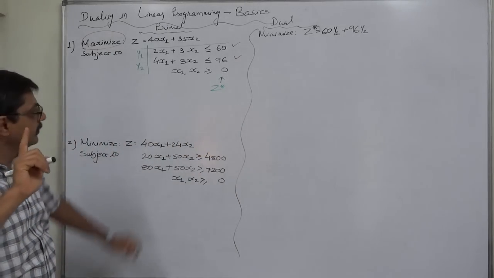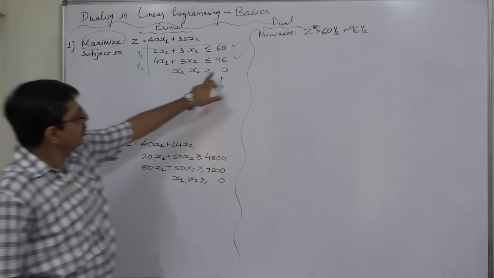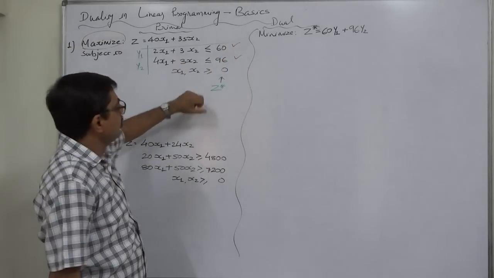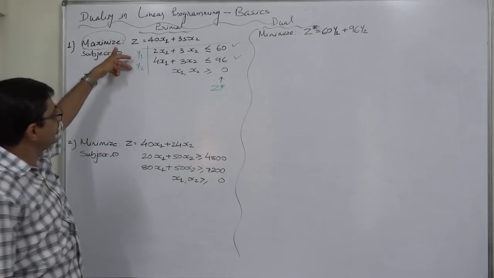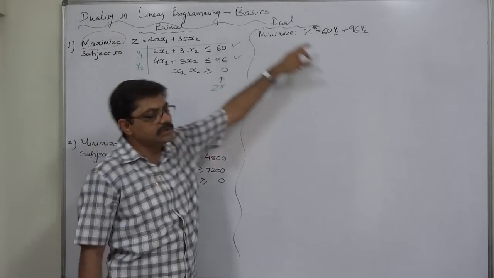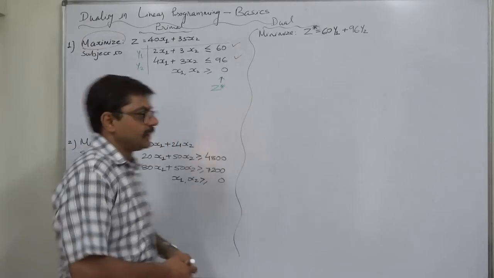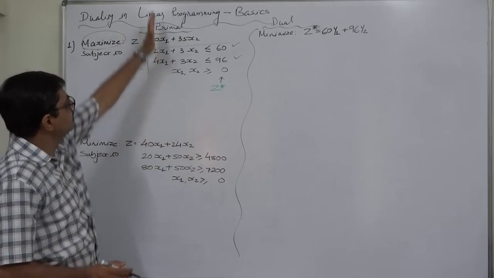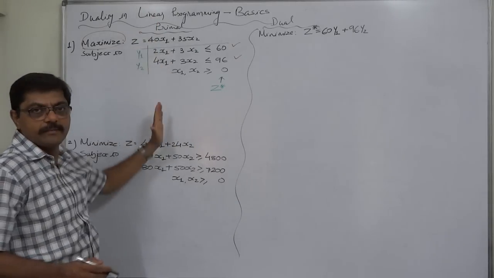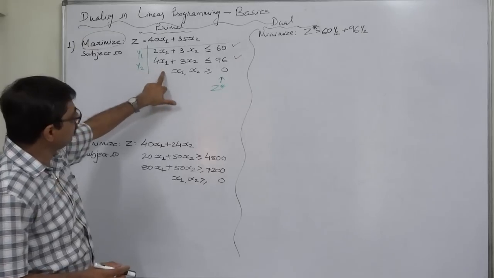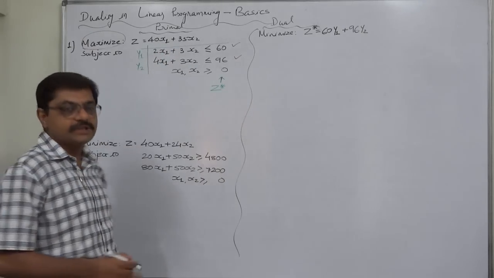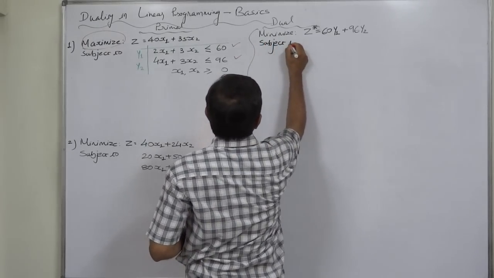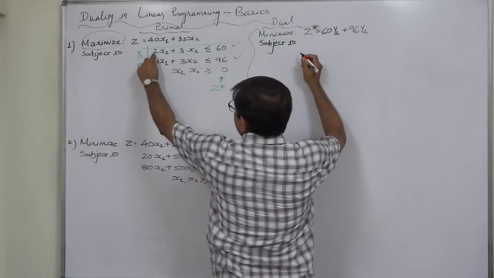See carefully, the right hand side values of the constraints become the coefficients of the decision variables in the objective function in the dual. Now the first constraint of the dual will be on the basis of the first decision variable of the primal. On the basis of x1, we are going to write the first constraint, subject to 2y1.